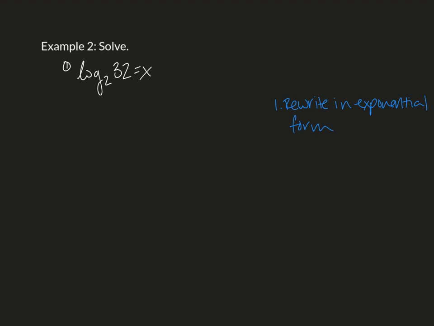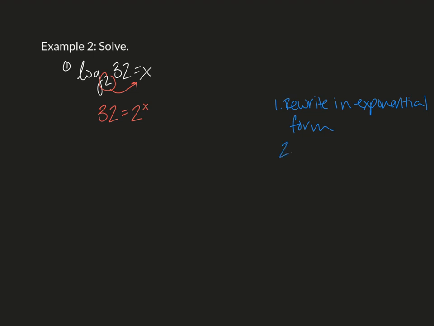That's what we were doing with the last set of problems. I am going to want to take the base, scoot it over to the other side, and push that unknown value up to be the exponent. So I'm going to end up with 32 equals 2 to the power of x.